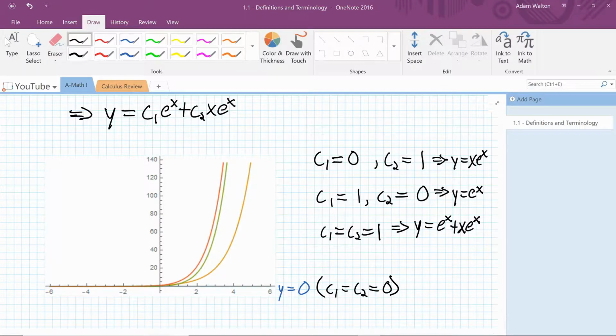So now we see what a family of solutions to a differential equation is, and that it represents an infinite amount of solutions to our DE based on the choice of the arbitrary parameter or parameters. In this specific case, we can choose any values for these.